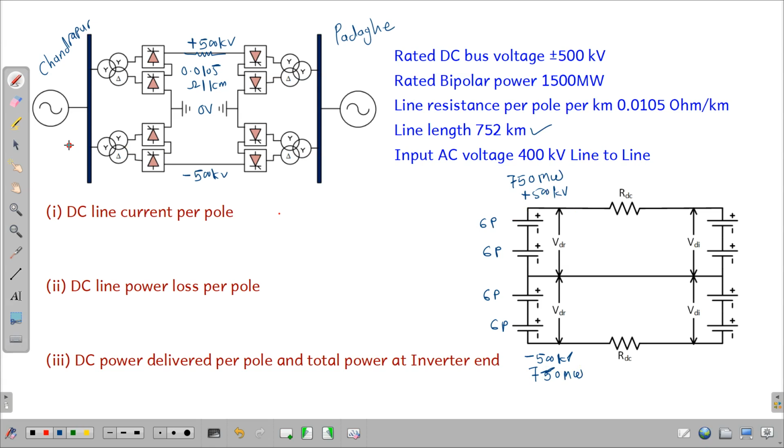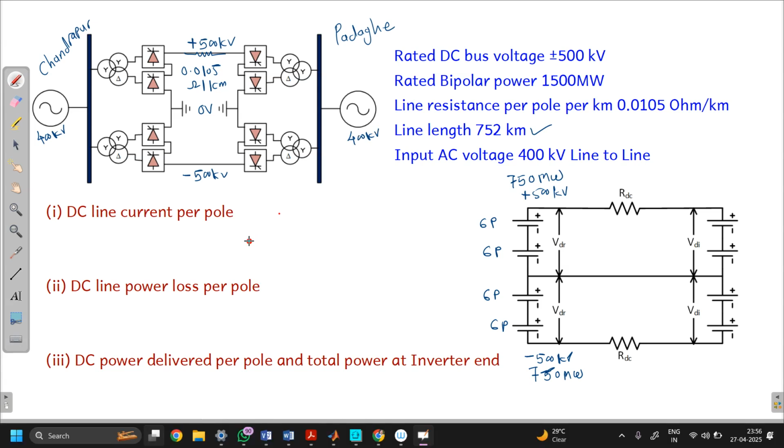On the AC side, this bus is connected to a 400 kV supply, and on this side also the bus is at 400 kV supply. We have to calculate the DC line current per pole. Let us begin the calculations.